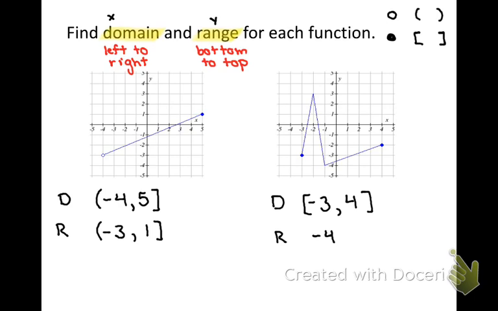But because we know that it's included on the graph, it behaves like it would a closed circle. So that -4 is going to get a bracket. And the highest y value that this graph obtains is at a y value of 3. It also is included in the graph, so it is also going to get a bracket. All right, let's check out what happens in the next slide.